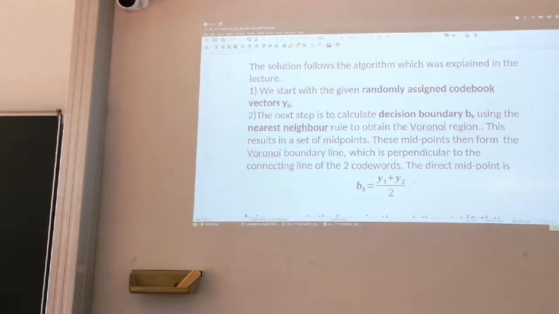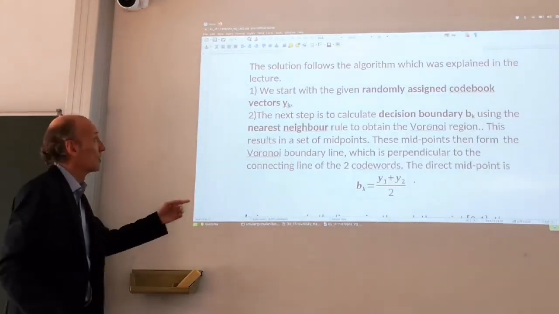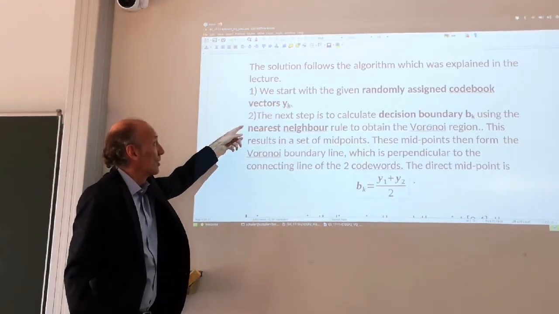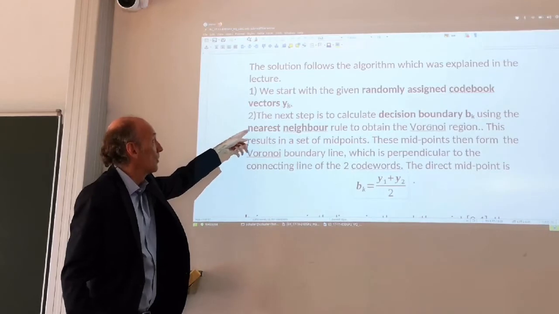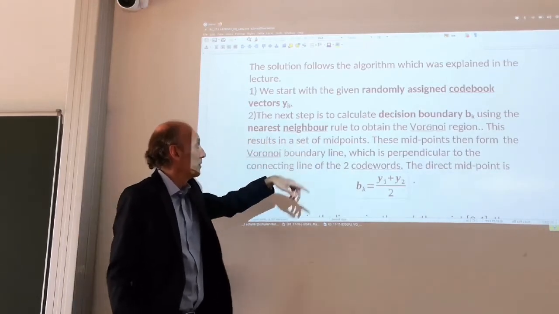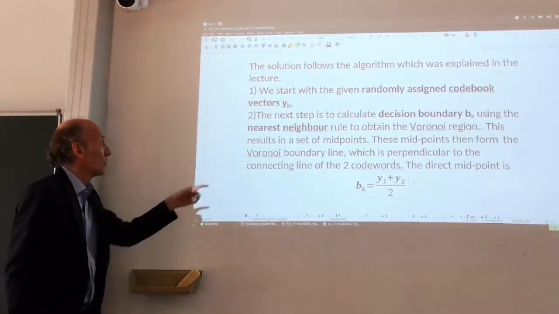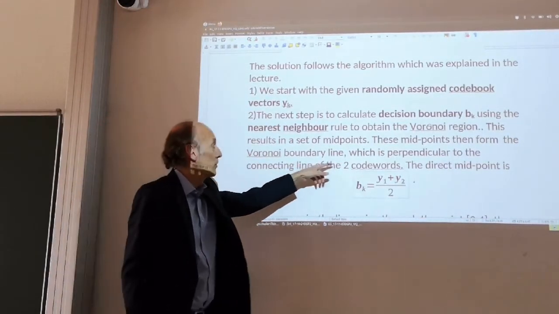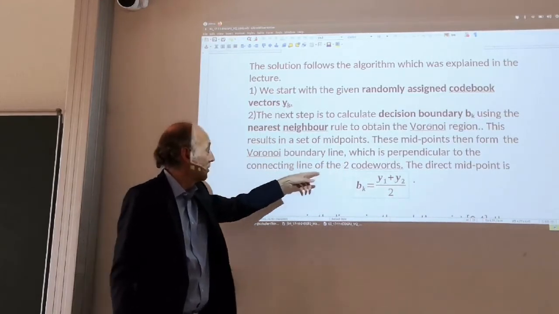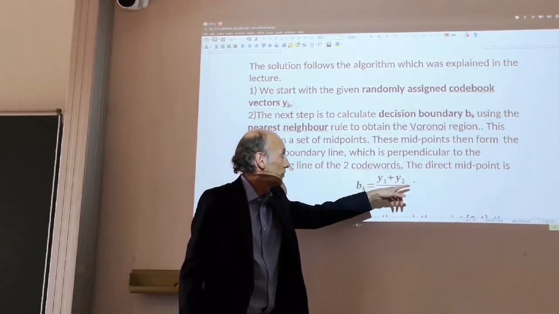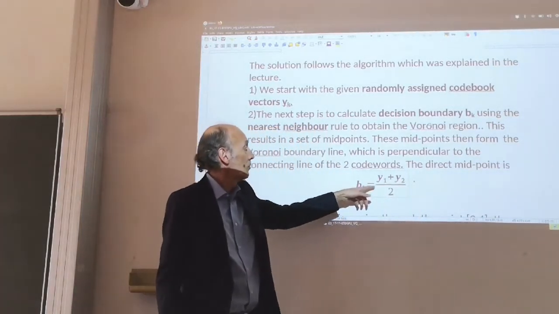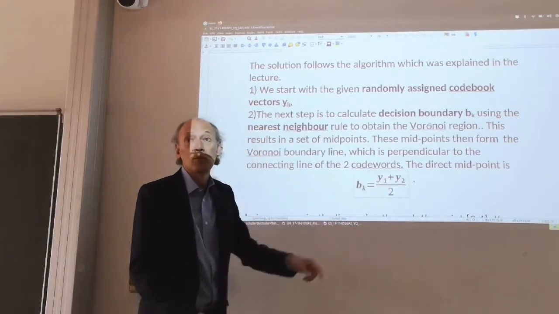So we already have our randomly assigned codebook vectors. The next step is to calculate decision boundaries bk using the nearest neighbor rule. So this results in a set of midpoints, and these midpoints then form the Voronoi boundary line, which is perpendicular to the connecting line of the 2 codebook vectors. So here, the midpoint in this case would be just the middle between the 2.